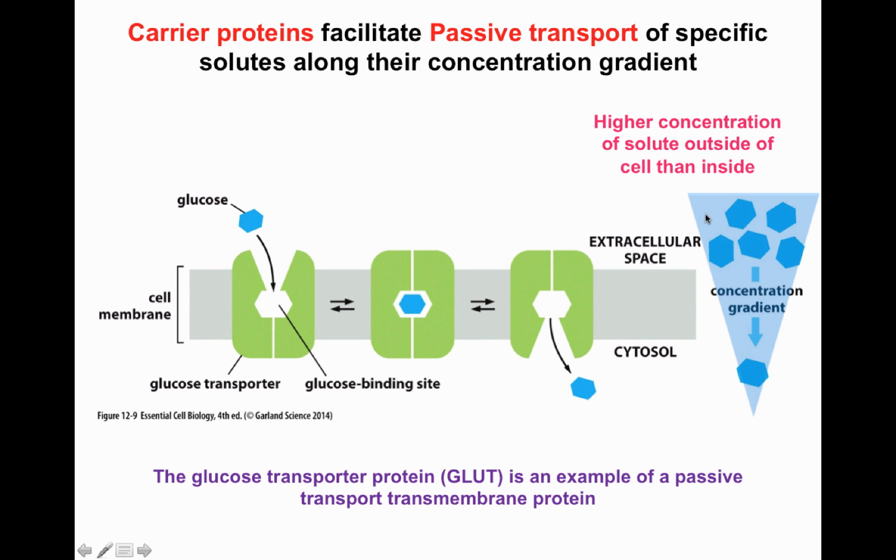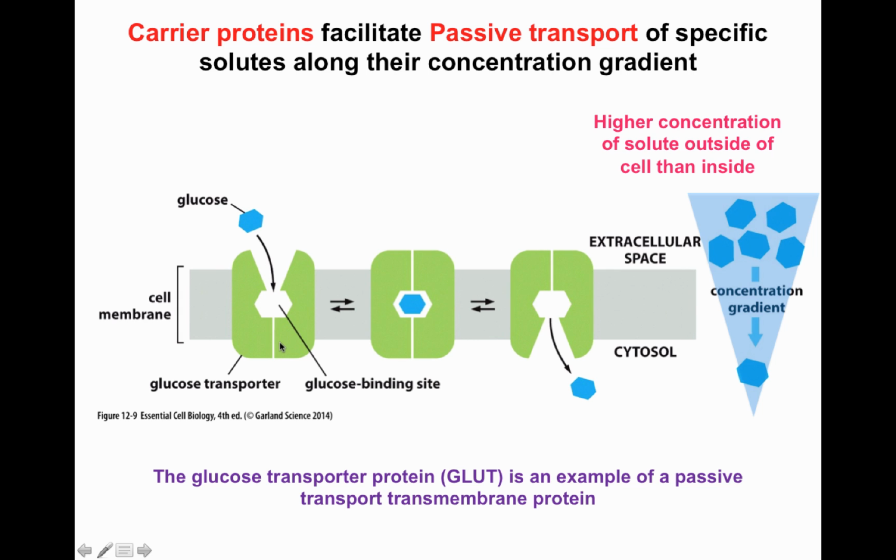And in this case, the concentration of glucose is greater outside than inside the cell. So glucose is going to move from a higher concentration of solute outside of the cell to a lower concentration of solute inside the cell.